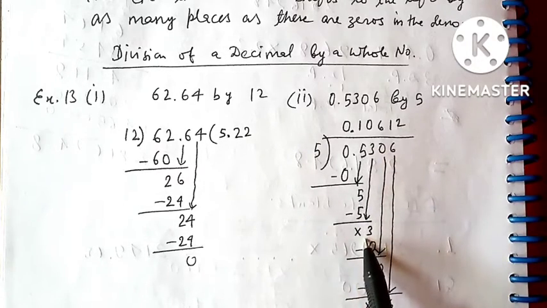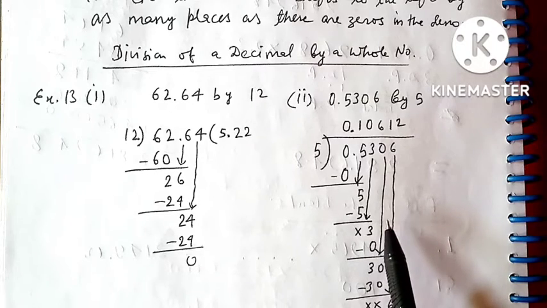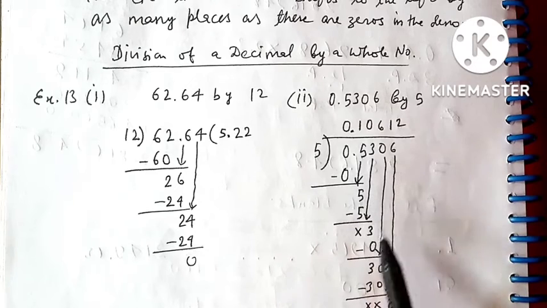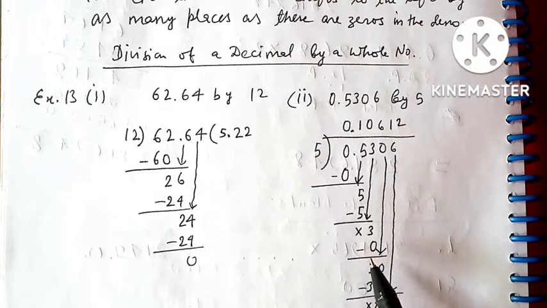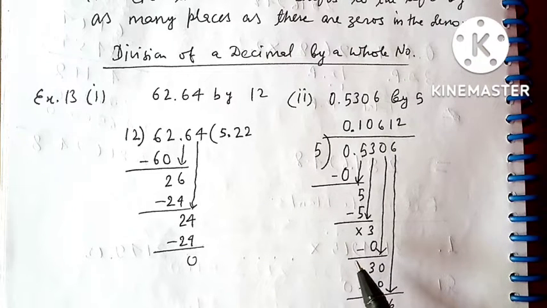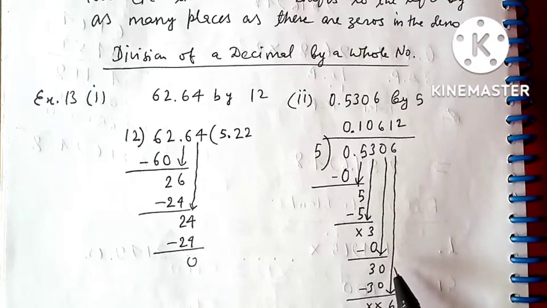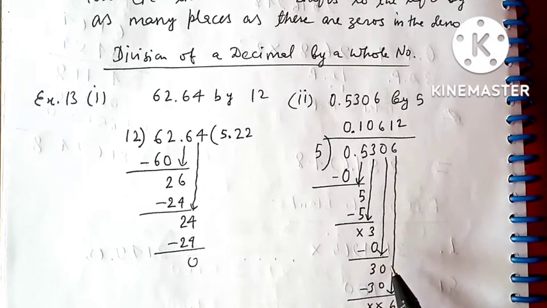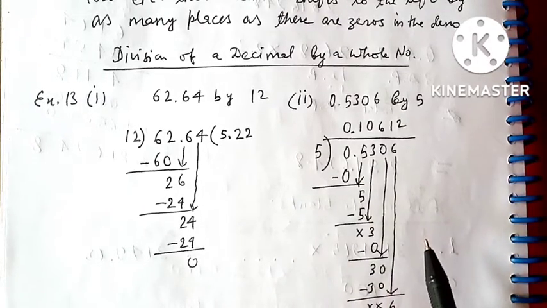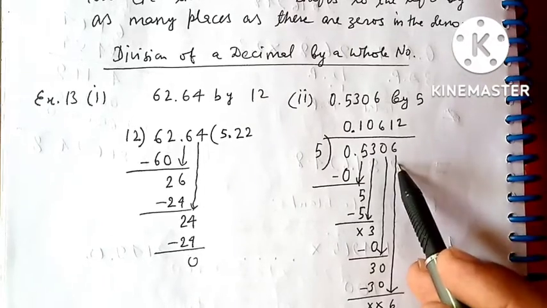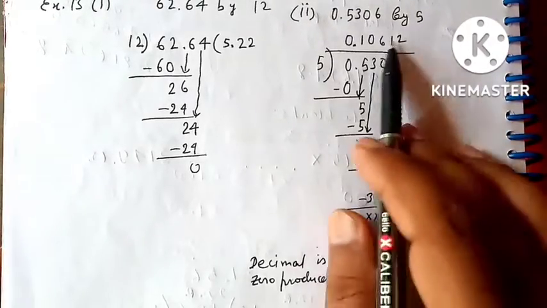You have to bring down 3. Then 5 6s are 30, and you take 6, and 5 1s are 5.